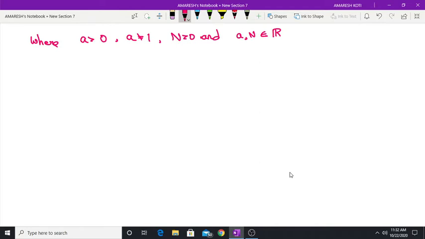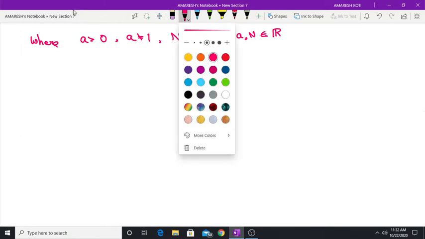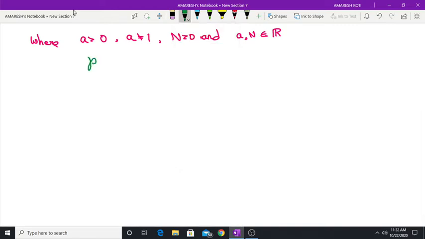So let's do page number 18. Open the textbook to page number 18. There you can see the Do This sums. I am telling you important Do This sums.